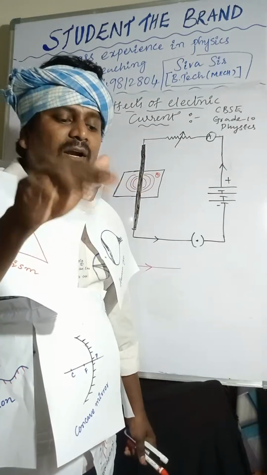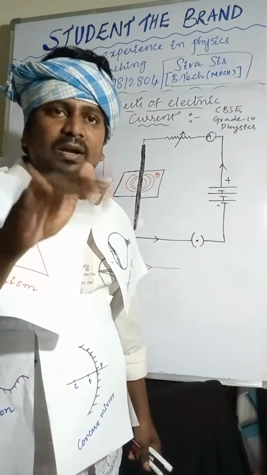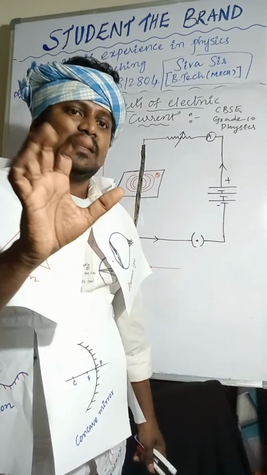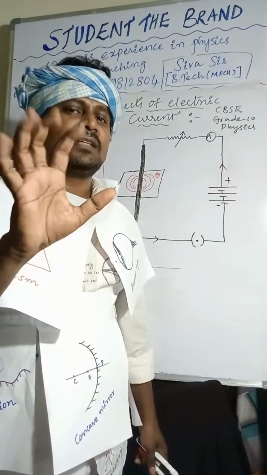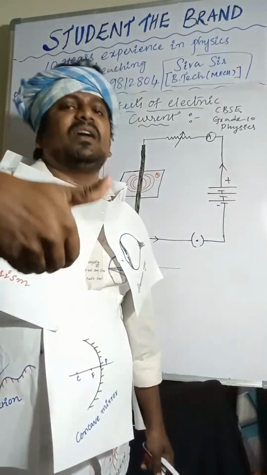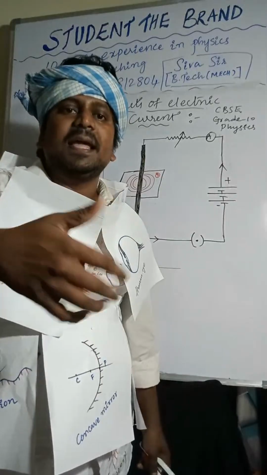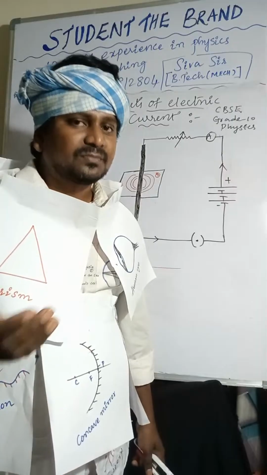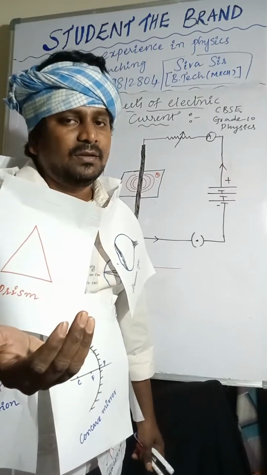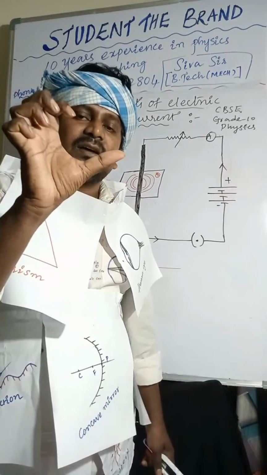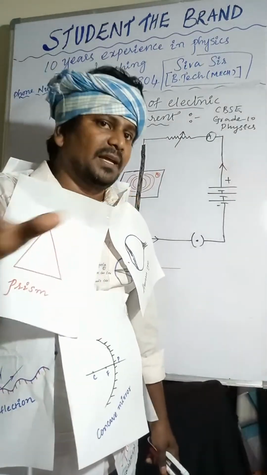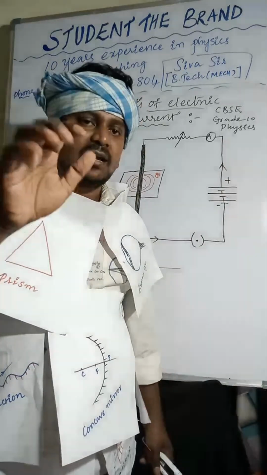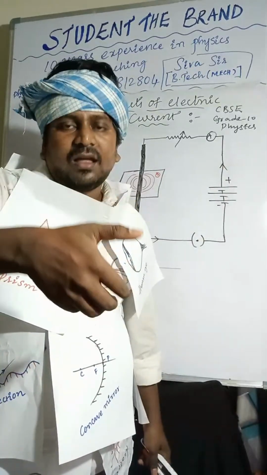Curly, folding fingers represent the magnetic field direction. So along the direction of the current we place the thumb, and the curly fingers show the magnetic field direction.